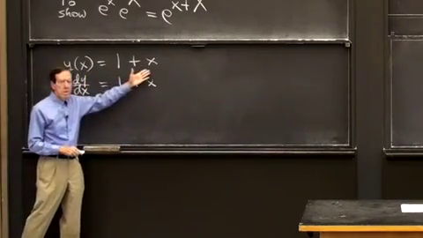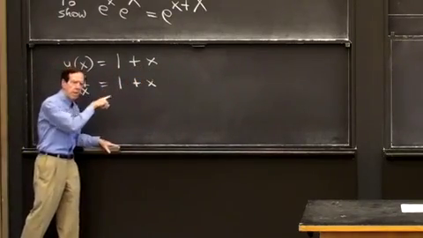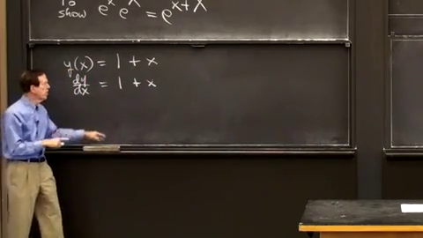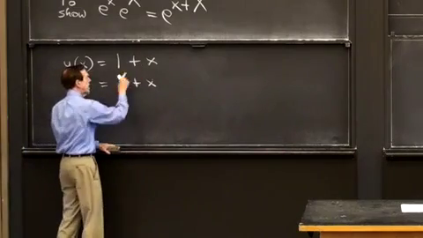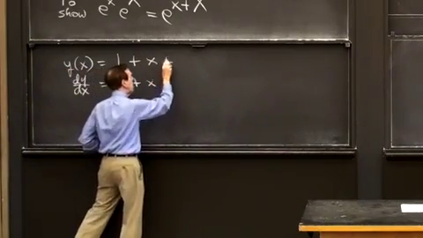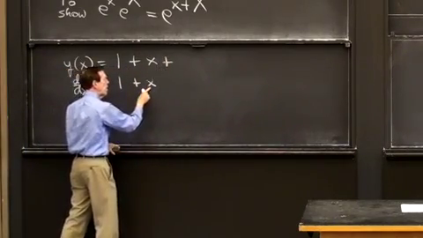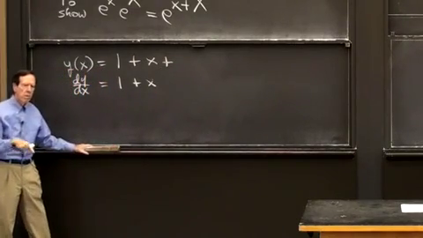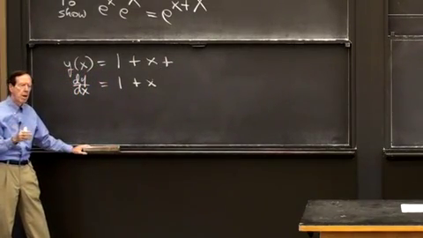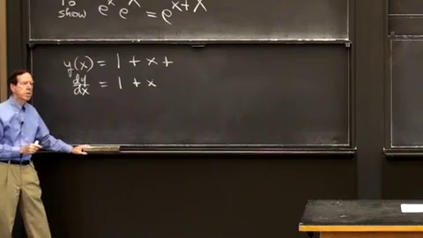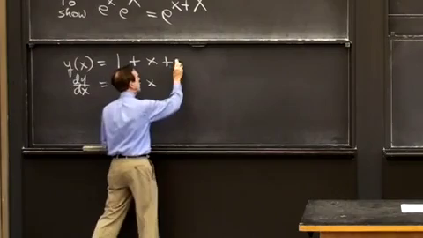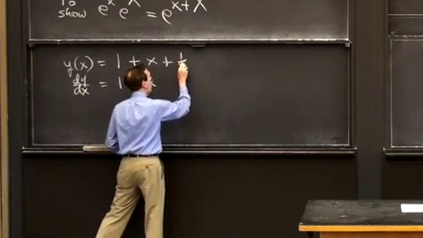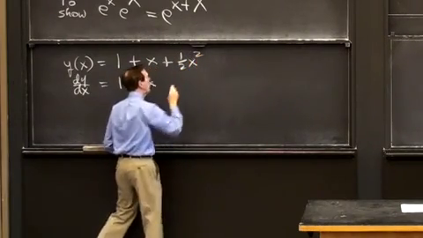But now I've got to add something more on the top so that the slope will be 1 plus x. The slope of the x was 1. What do I need here to give the slope to be x? Remember, x squared had the slope 2x. So I need half of x squared so that I'll have 1x. So I need a half of x squared.